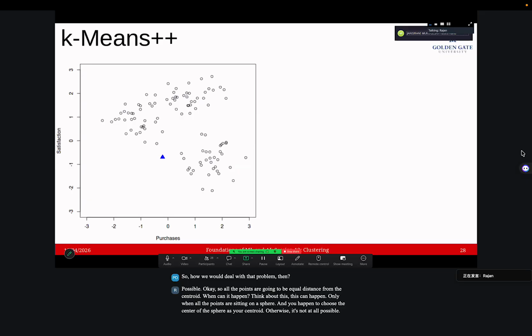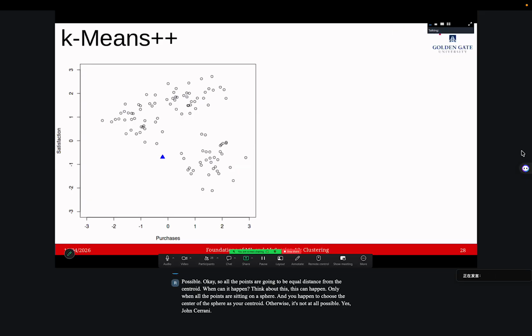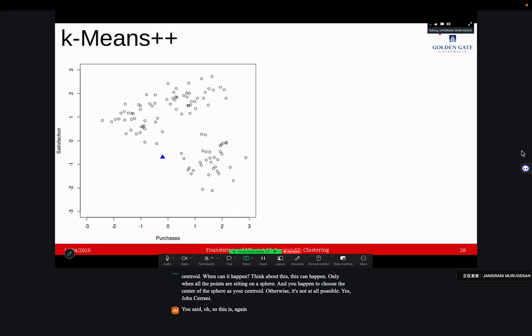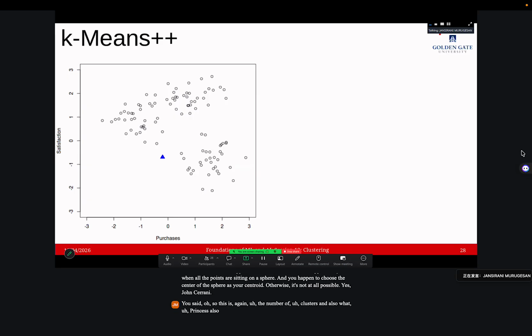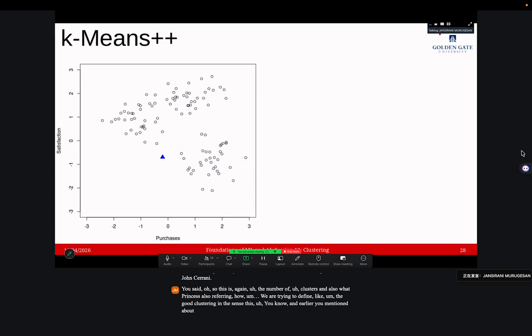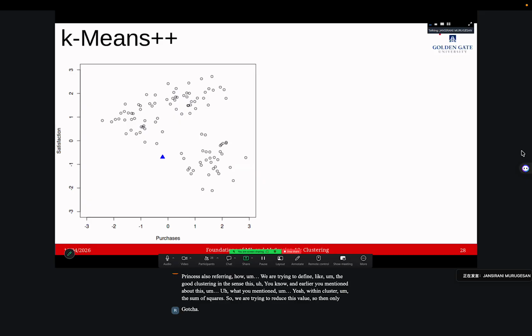Yes, John Sirani. Yes, sir. So this is again the number of clusters, and also what Prince is referring to, how we are trying to define good clustering. Earlier you mentioned within cluster the sum of squares. So we are trying to reduce this value, so that all the points are nearby.